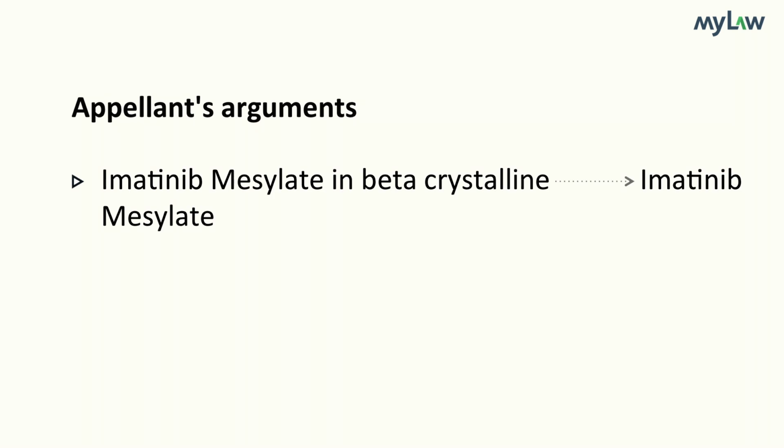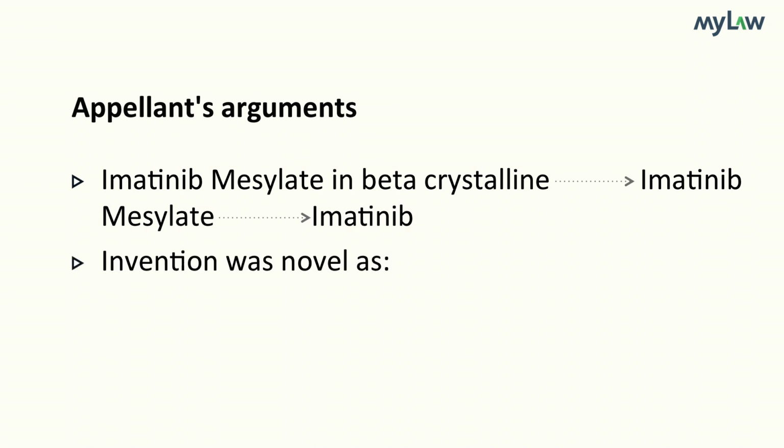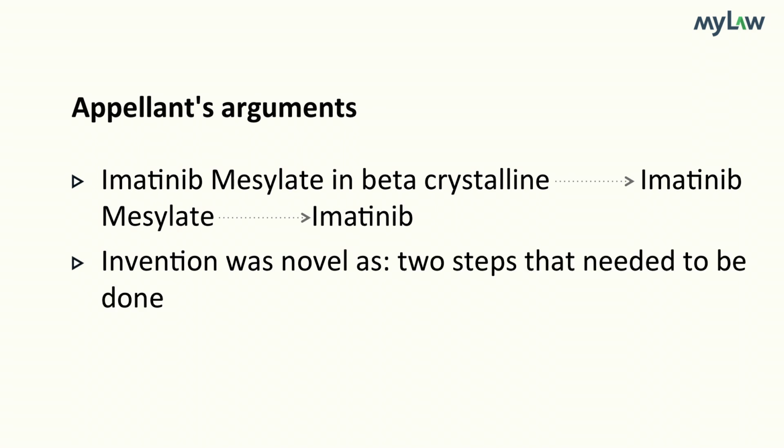The appellants, namely Novartis, argued that imatinib mesylate in beta crystalline form is obtained from imatinib mesylate, which in turn is obtained from imatinib. The invention is thus novel, as there were two steps that were needed to be done to come to the claimed product.